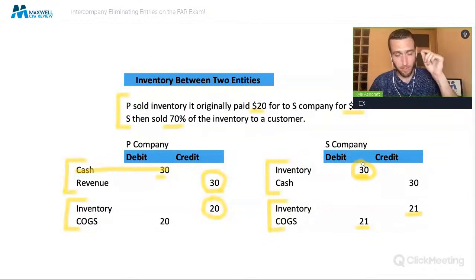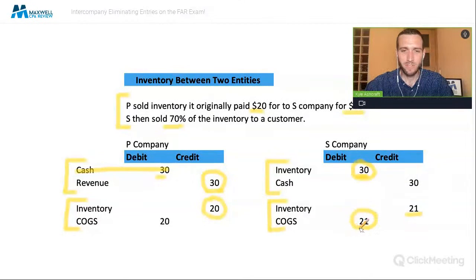So if it went straight from the parent to the customer, well, we would not have done $21 of cost of goods sold. Because imagine that this 70% was sold to the customer directly from the parent. So they had $20 of inventory, and they would have sold 70% of that.